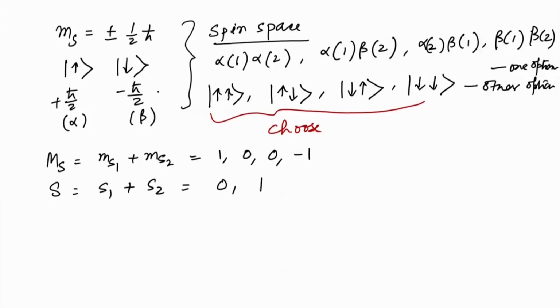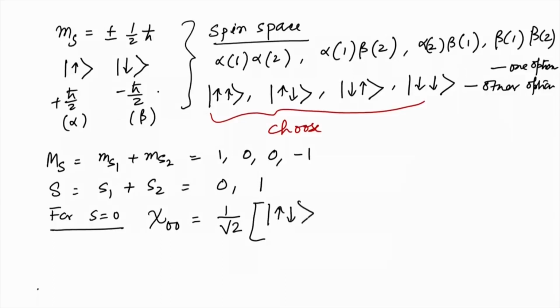For S equal to 0, there is just one eigenfunction, and let us write it as chi 0 0, which is equal to 1 over root 2 times up down minus down up.